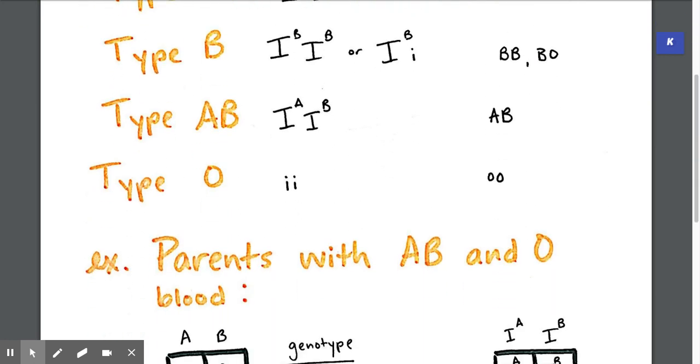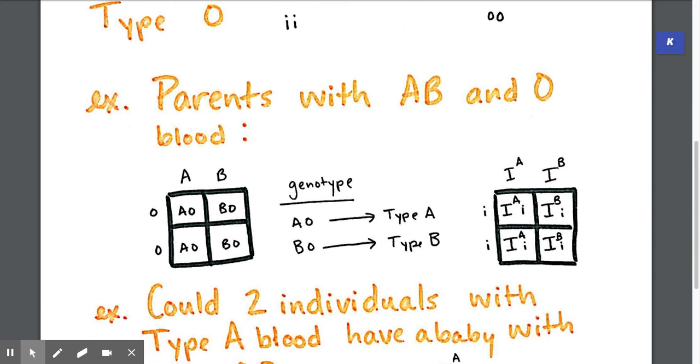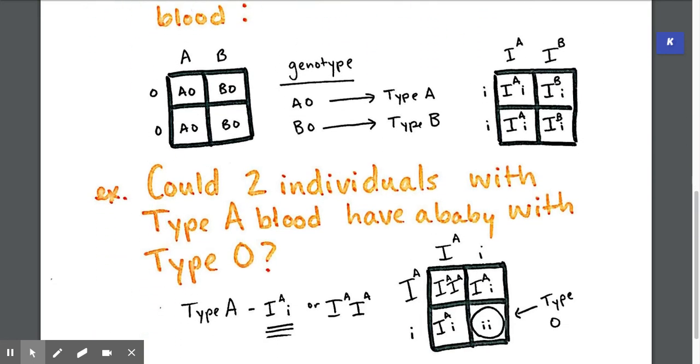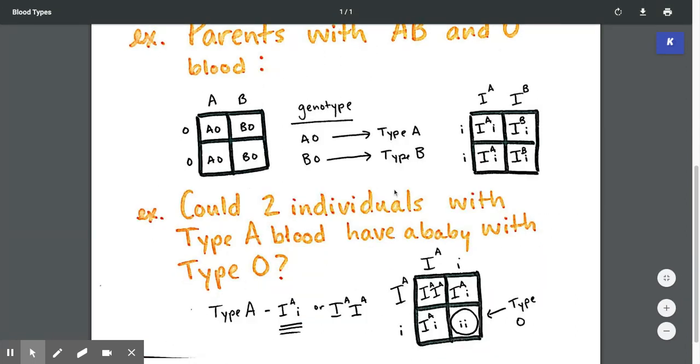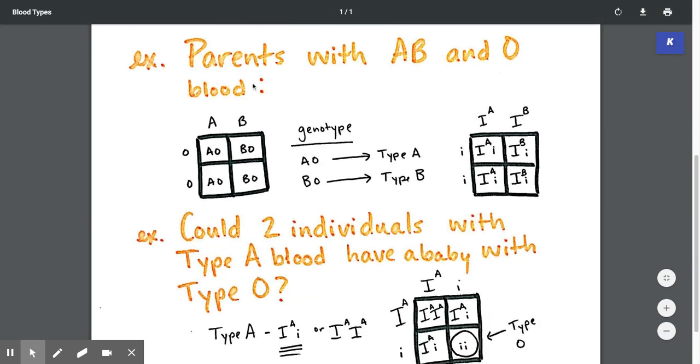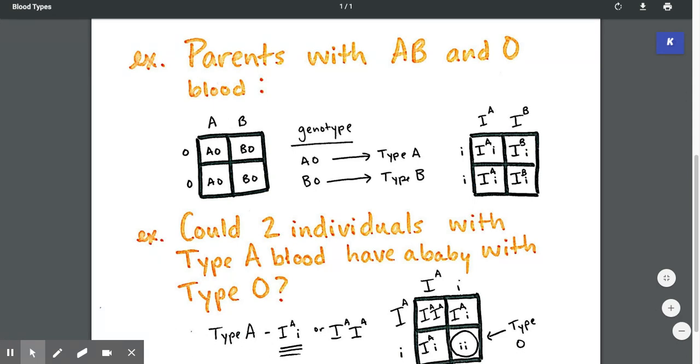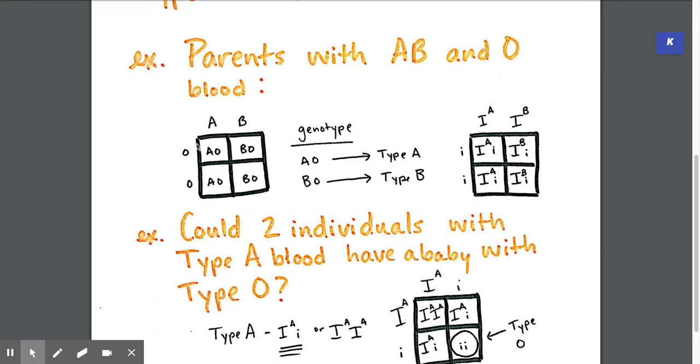As we move on to some blood type example problems, these are really cool, in my opinion. We're going to start with the first example here. If we have parents with AB blood and O blood, respectively. So here we have a parent with type AB blood and then type O blood. And I've used this simplified version of the genotypes just to kind of help us out here.